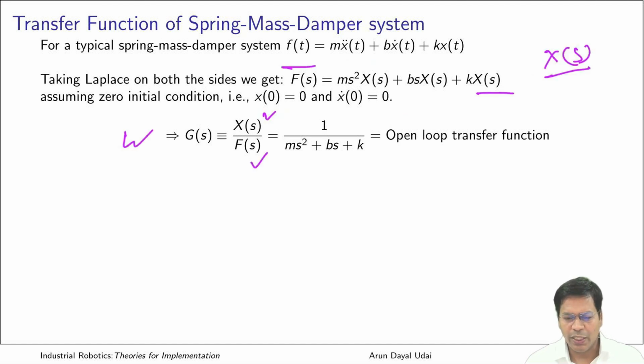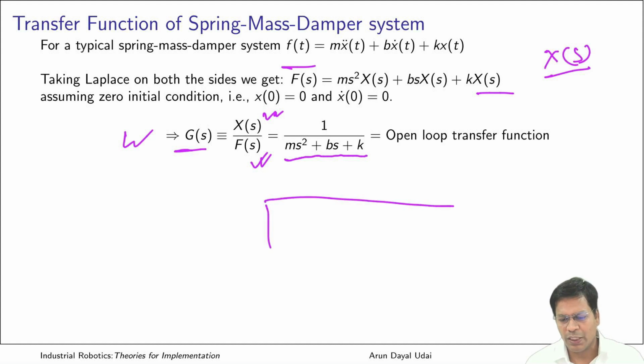If you take their ratio, it gives you G(s), that is the transfer function. So it says 1 by ms square plus bs plus k. This is the open loop transfer function of the spring mass damper system, where the output X(s) and the input are related by this.